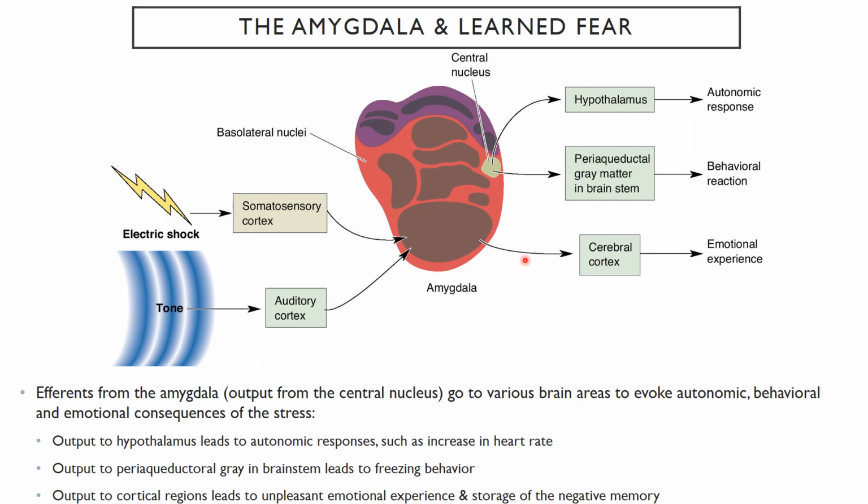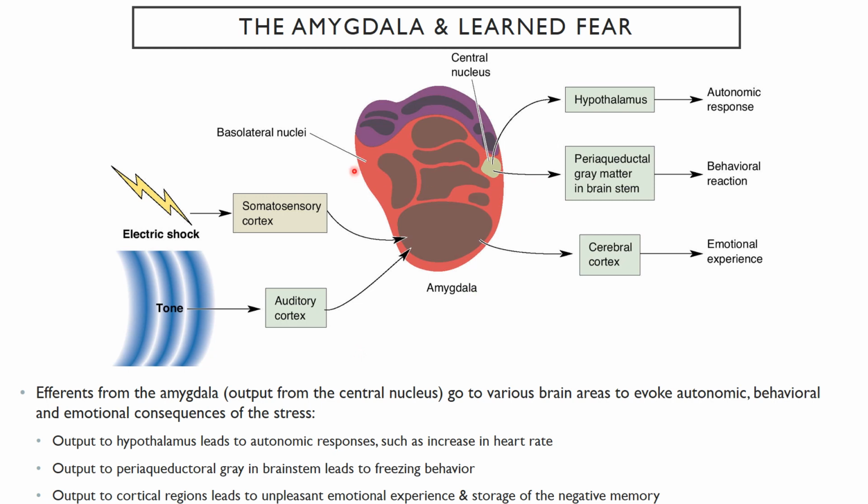So let's walk through this in a little more simplified fashion, but taking into context what the amygdala is doing. It is correlating the electric shock plus the tone, connecting these two things together. And some of this connection is laid down within the amygdala, which is going to shape the fear response.